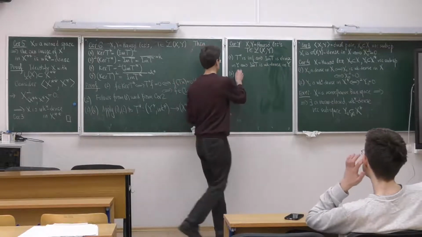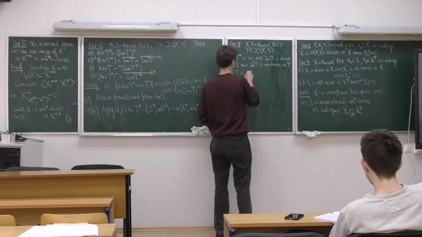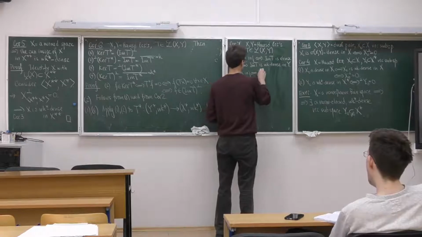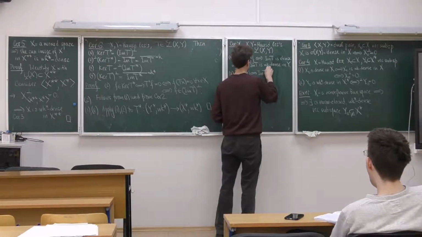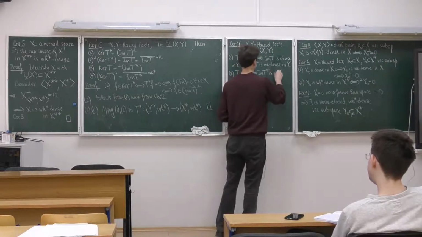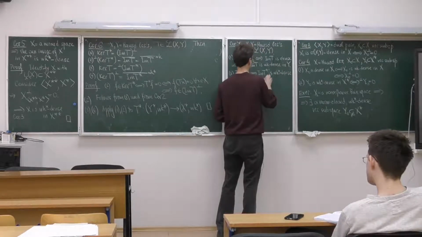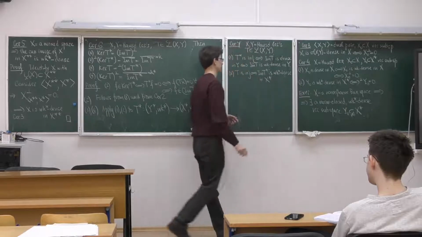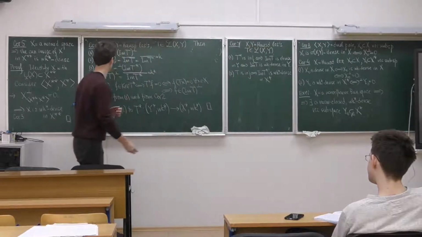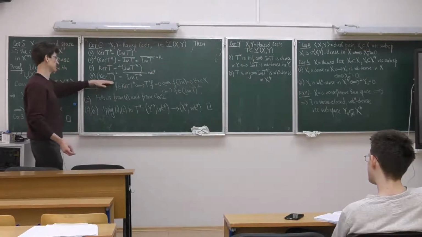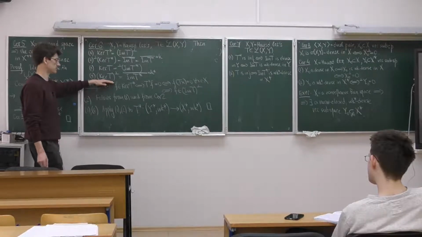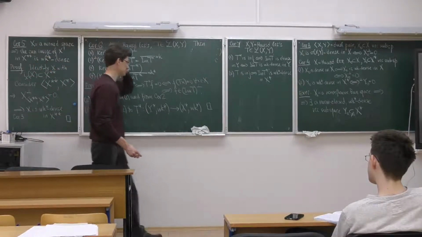And similarly, T is injective if and only if the image of T star is weakly star dense in X star. And similarly, this follows from part 4 of corollary 6.